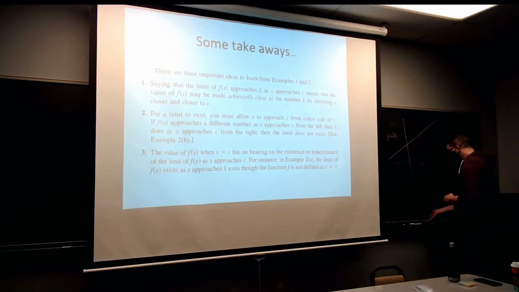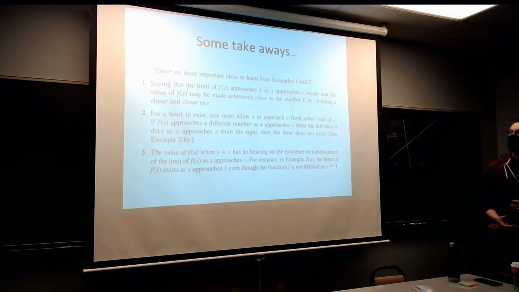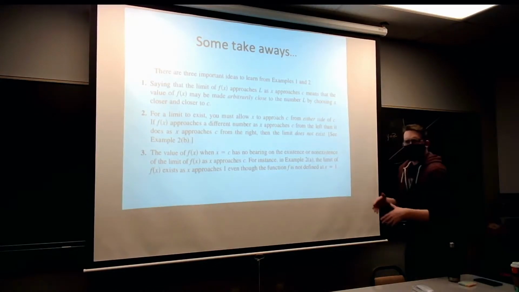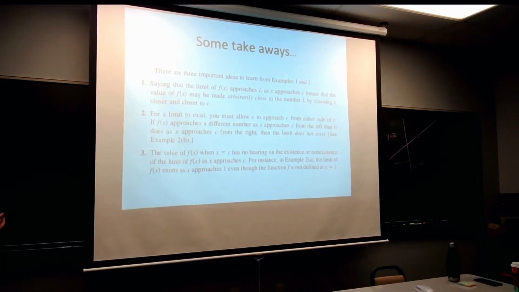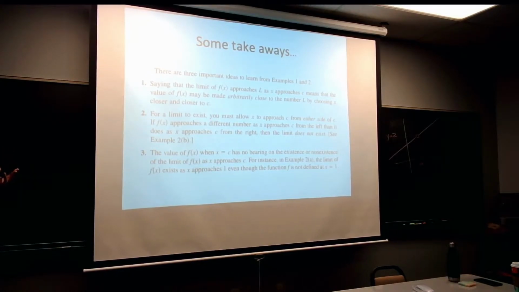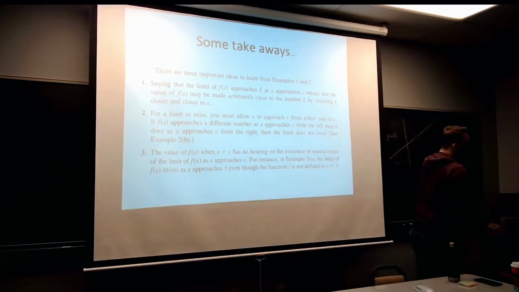So, the takeaway from all of this. The point of this is to say that if the limit of our function approaches L as x gets close to c, whatever c is, what that means is our function just gets arbitrarily close to L as we get arbitrarily close to c.